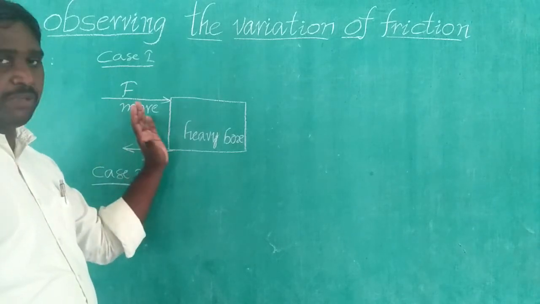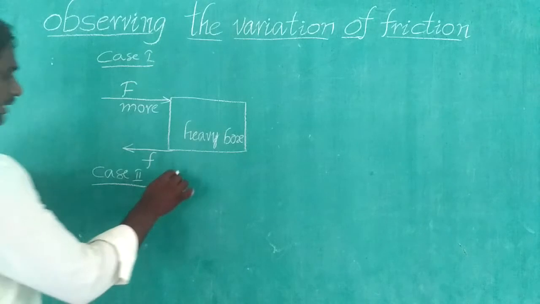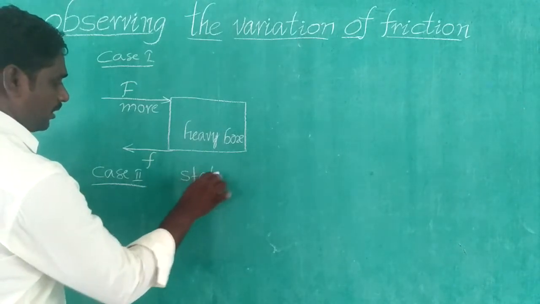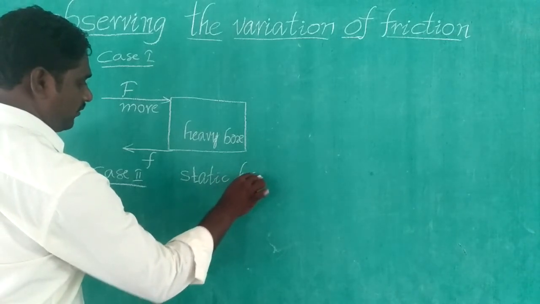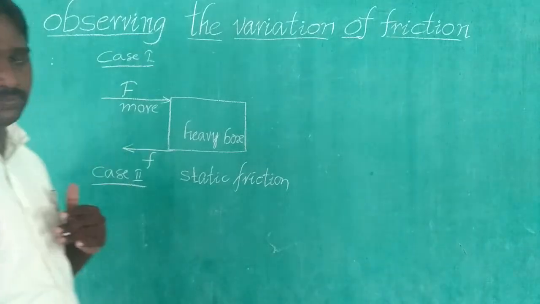That's why the heavy box doesn't move. So, this is static friction. Static friction is the cause of this heavy box not moving.